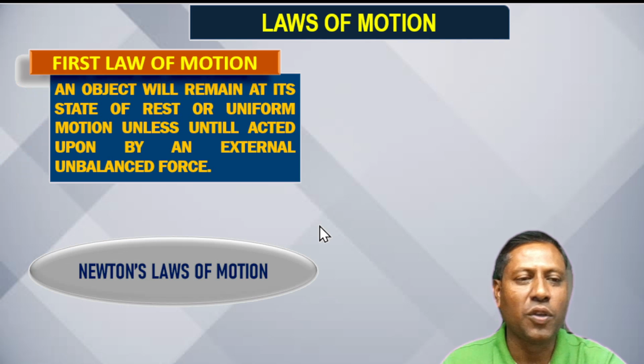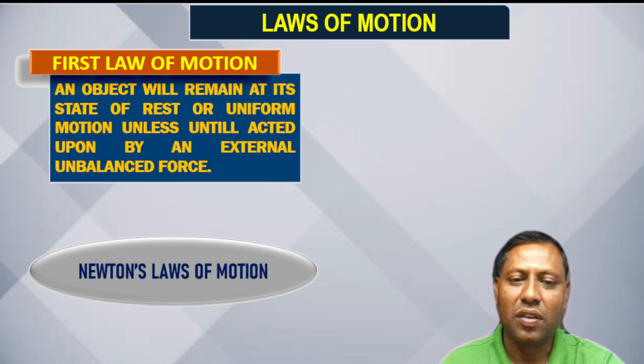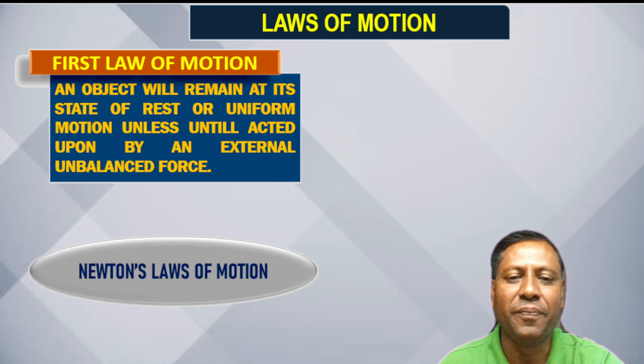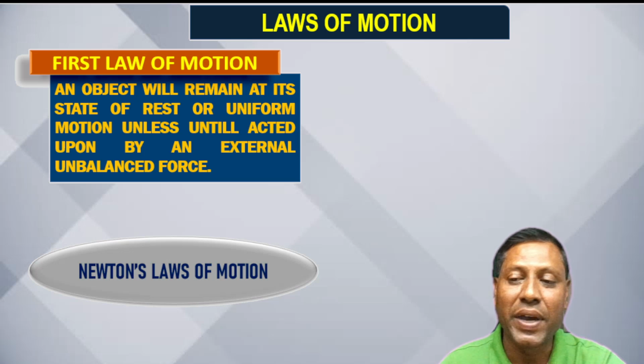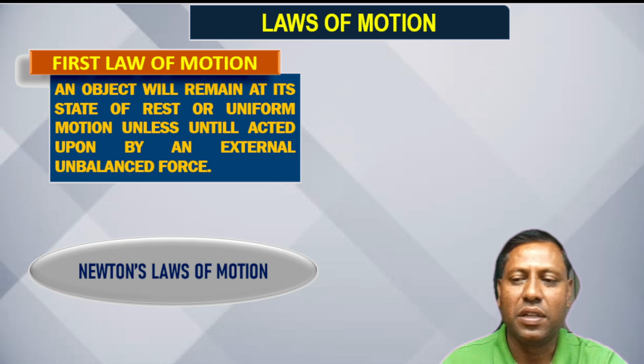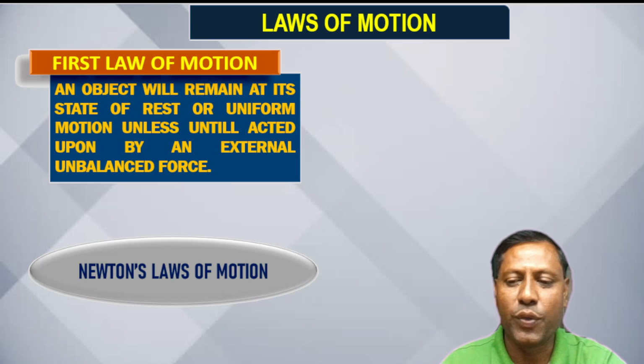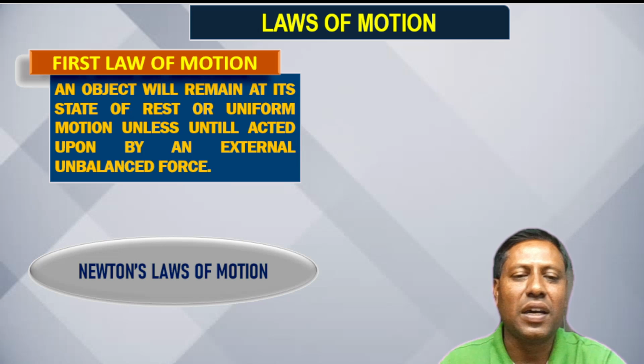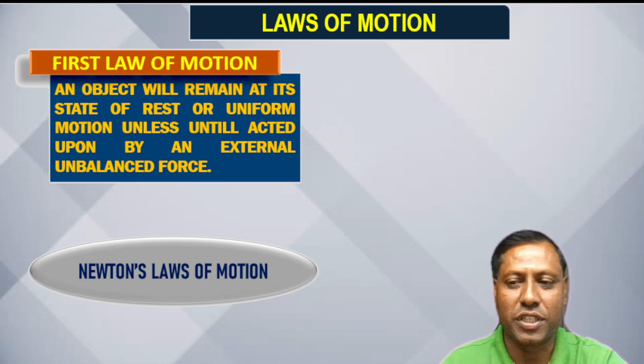The first law of motion states that an object will remain at its state of rest or uniform motion until it is acted upon by an external unbalanced force. This is very important. To change the state of an object, we have to apply an external unbalanced force.